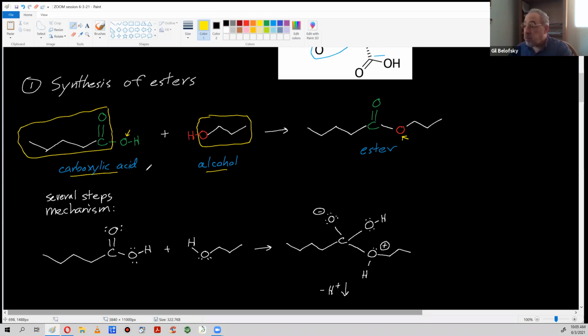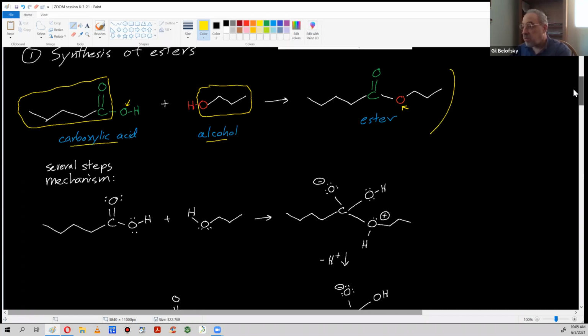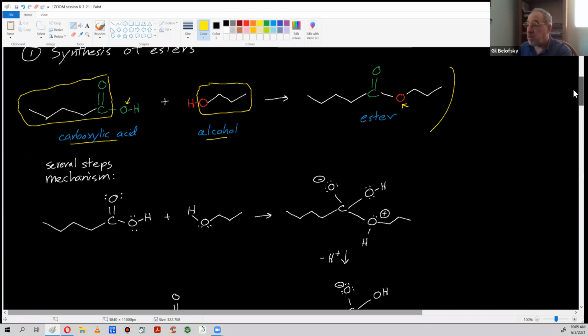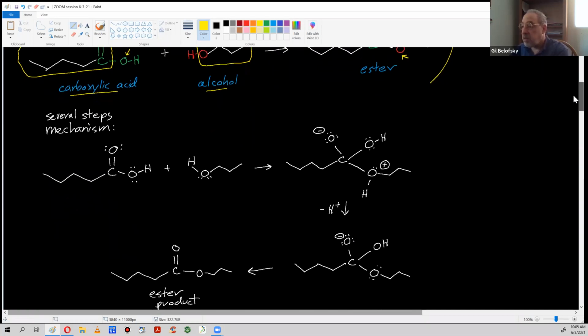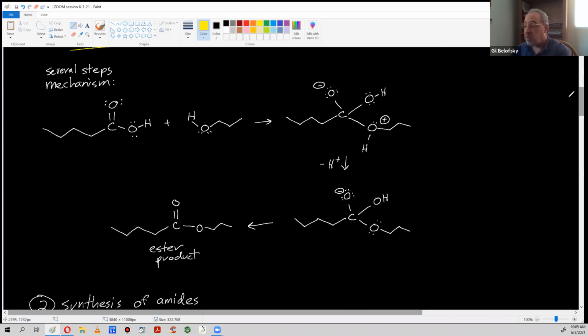It's one thing to just recognize a reaction, it's another thing to understand it. The idea is that understanding it helps us remember it better. Understanding it will also help us understand the next reaction, the synthesis of amides. And you will see that if you understand one, you'll understand the other very easily, I think.